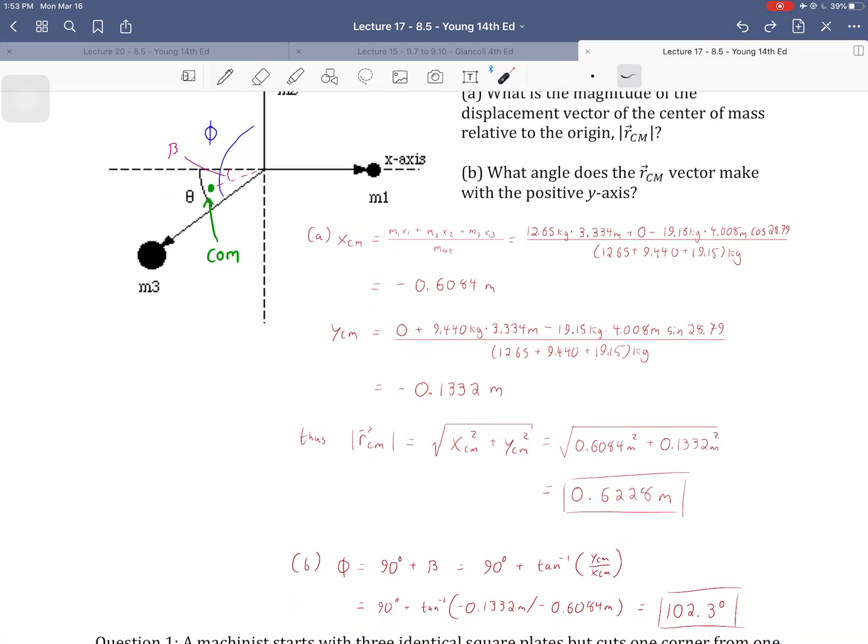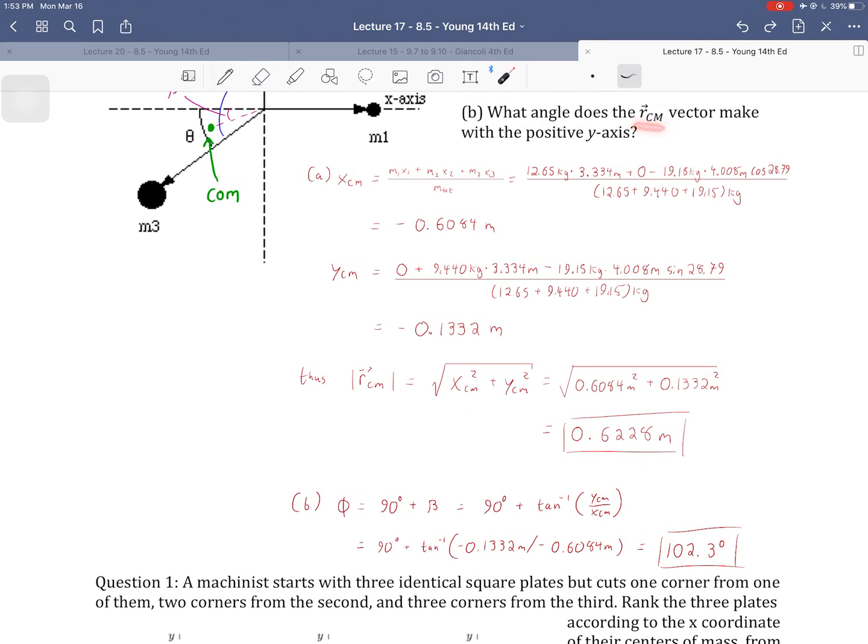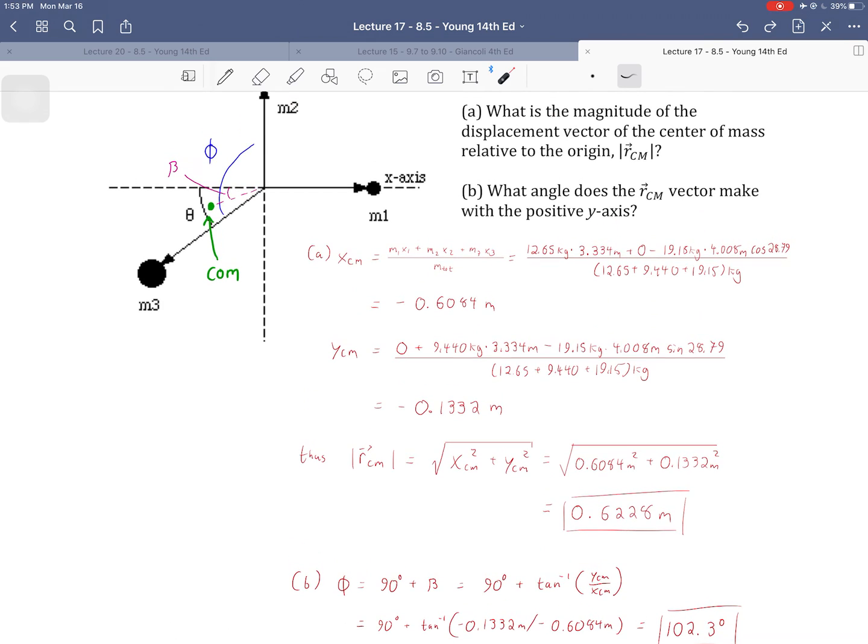Okay, and then in part B, that's where we're asked for the angle that the center of mass vector makes with the positive y-axis. Okay, so that would be the angle phi, because the positive y-axis is of course this way, our displacement vector is this way, and so the angle between the two would be phi. Okay, and actually you can see that my phi is slightly not drawn correctly because it should be going from here to here.